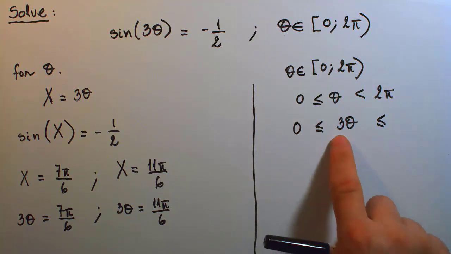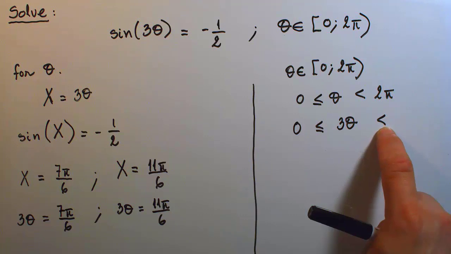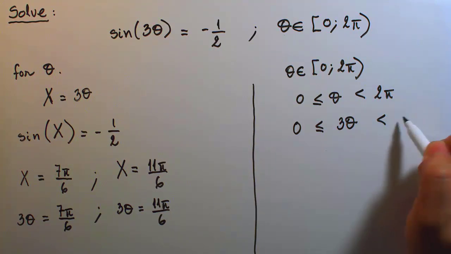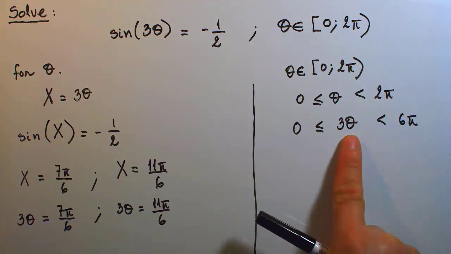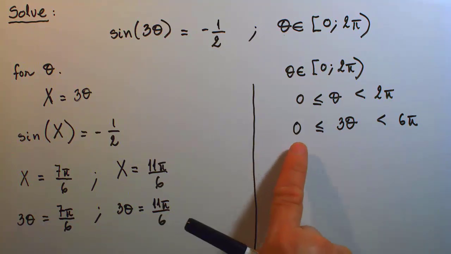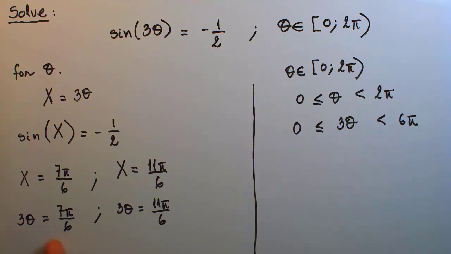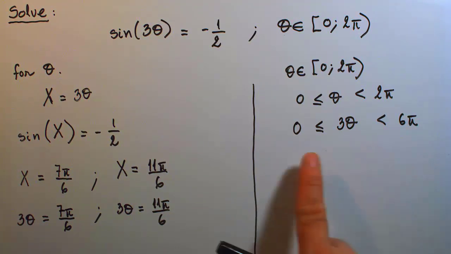We also need to multiply 3 to 2 pi, and I shouldn't have the equal sign there. That now becomes 6 pi. What this means is that what we found here is not enough, because we only found the two values of 3 theta within the rotation of 3 theta from 0 to 2 pi. But now we need to find those other values of 3 theta so that they're all inside of this longer interval, from 0 to 6 pi.